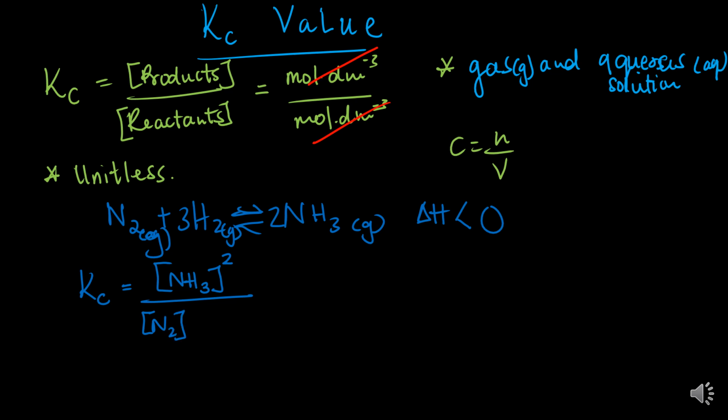Since there's no number here, it means it's 1, so I'm not going to have any number on the exponent. Then H2 is going to be to the exponent of 3. That would be the Kc expression.